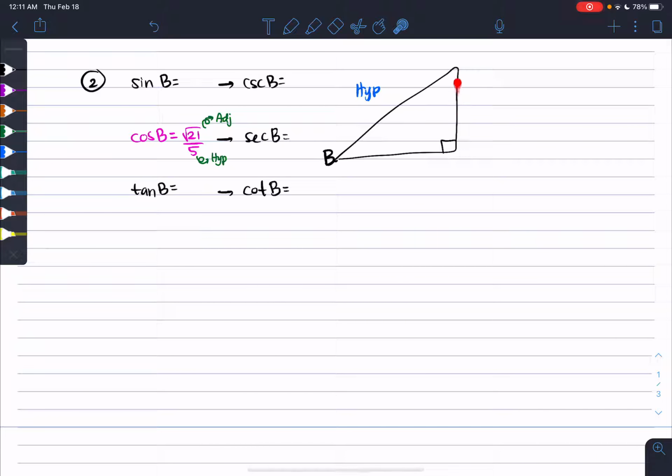This side is opposite of B because it is across from B. And the third side here is adjacent to B because it's right next to it.